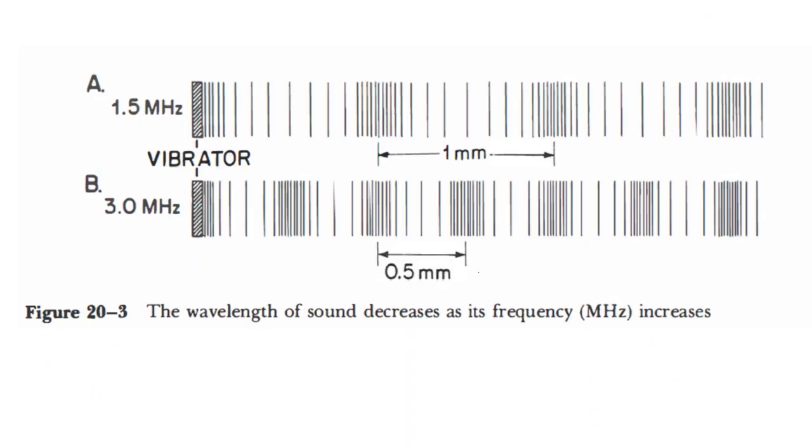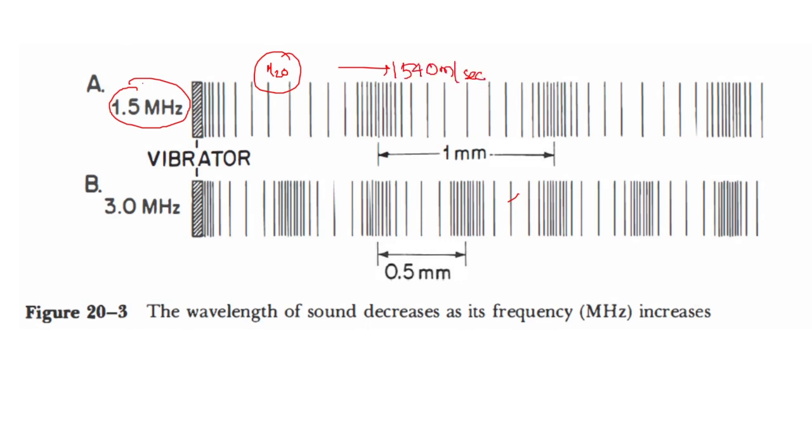So if you see in the figure 20.3 which is shown here, we have a vibrator which is vibrating at two different frequencies. Vibrator A will have a frequency of 1.5 megahertz. And think that the medium here is water. So this water will propagate sound at a velocity of 1540 meters per second.